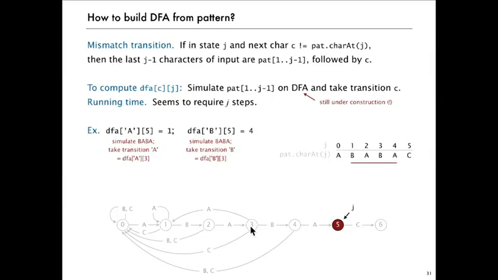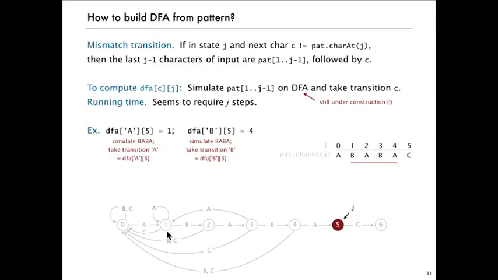And if we had a mismatch, then for the fifth character, what we do on a mismatch here, we have to look at what happens if we get an A or if we get a B. If we run it on BA and we got an A, then we should go back to 1.